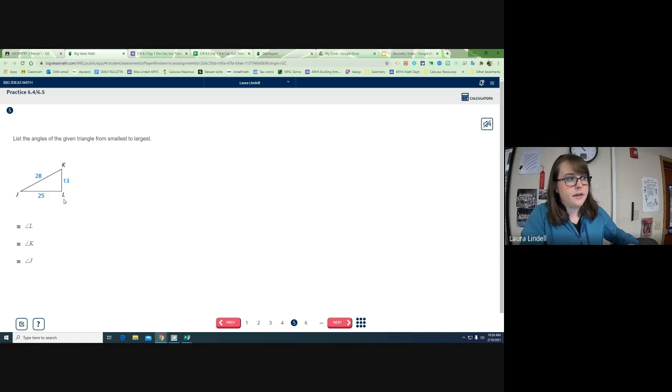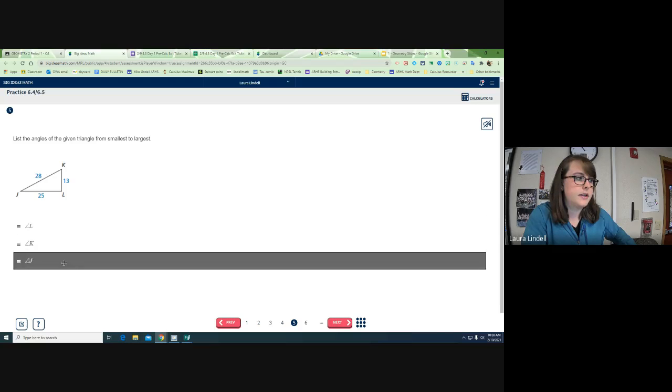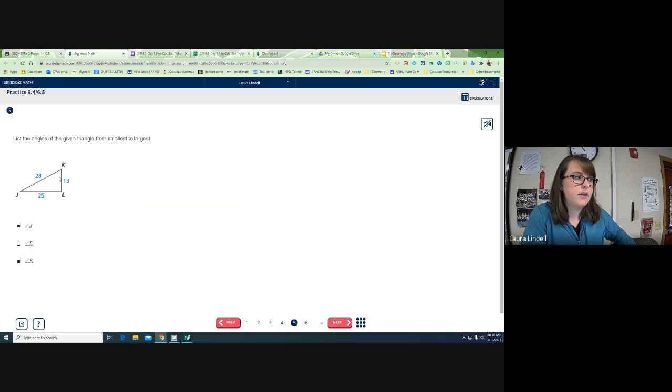Second thing we want to do is look at the triangle here, look at the side lengths. Which one should go on top? Which one's the smallest? J, K, or L? What do we think? J, thanks Alex. Yeah, that's going to be the smallest because this is the smallest side over here, KL, and it's across from J. What goes next?